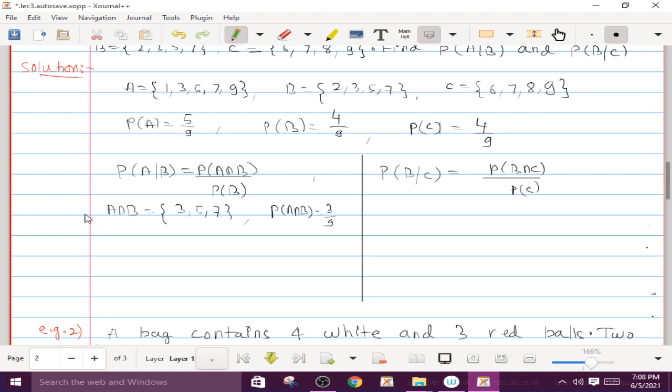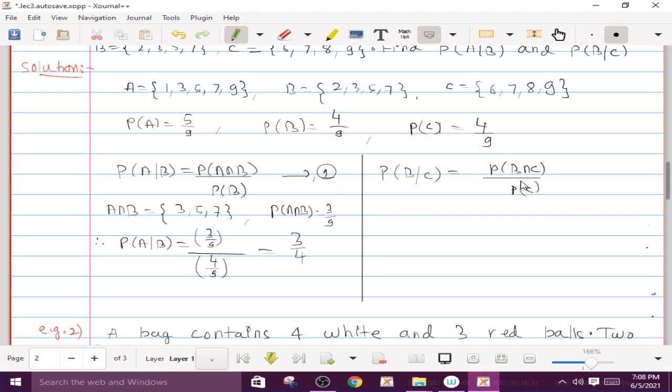Therefore probability of A given B is equals to probability of A intersection B, 3 upon 9, divided by probability of B, 4 upon 9. So the answer is 3 upon 4.